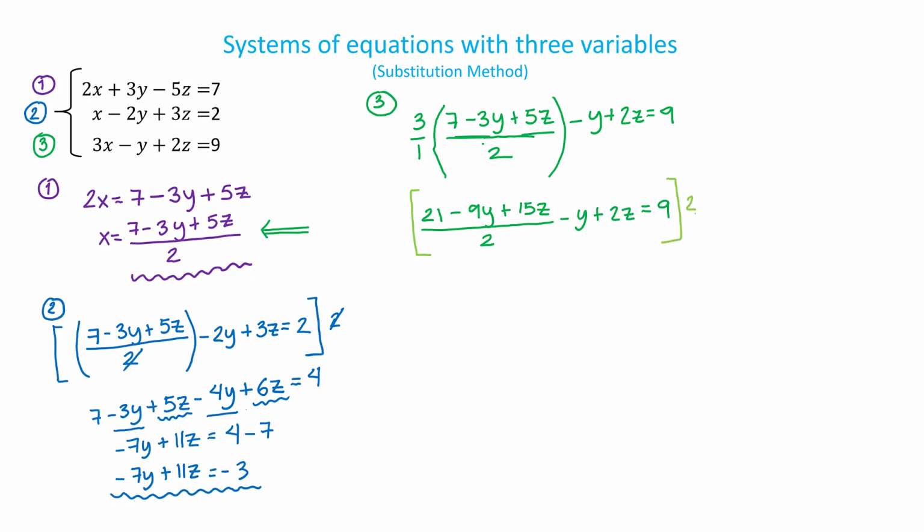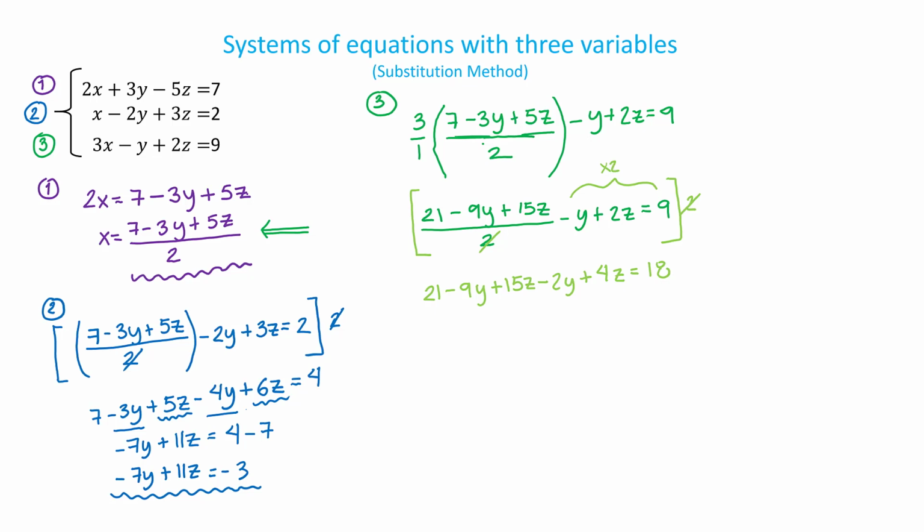When I multiply times 2 and divide over 2, the 2 cancels out, and I am left with what I had in the numerator, 21 minus 9y plus 15c. But then that minus y plus 2c equals 9 has to be multiplied times 2. So minus 2y plus 4c equals 18. All of this has to be multiplied times 2. Don't forget that.